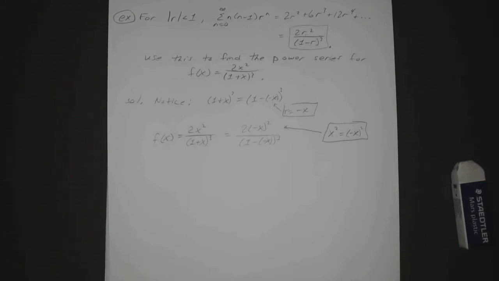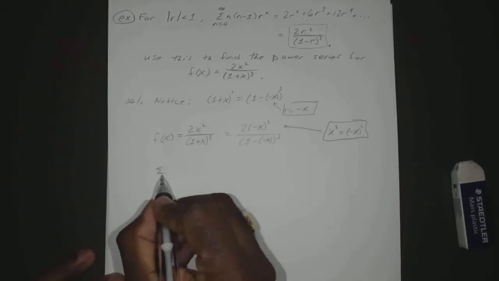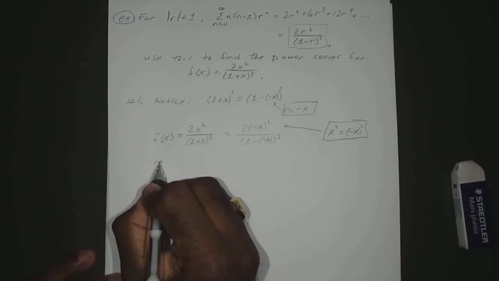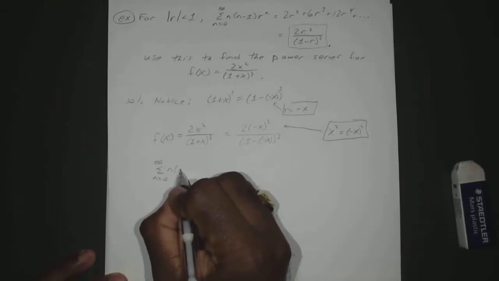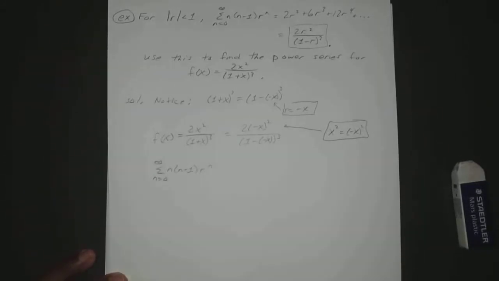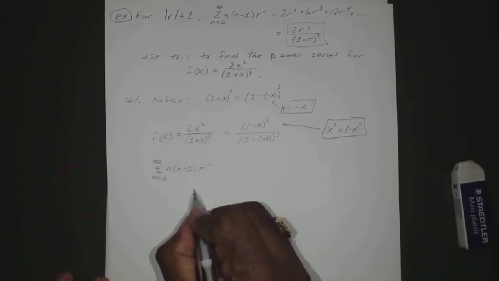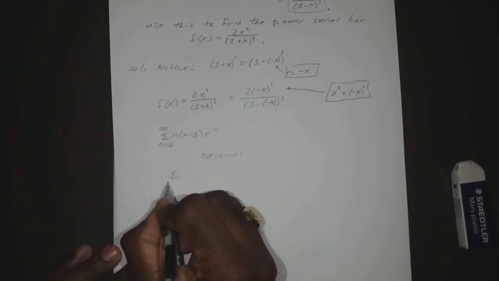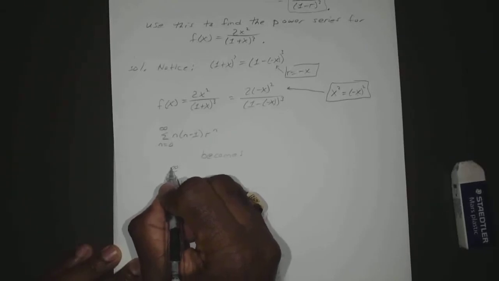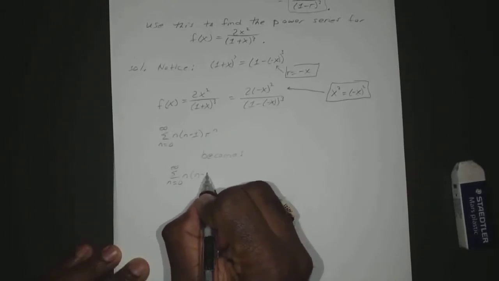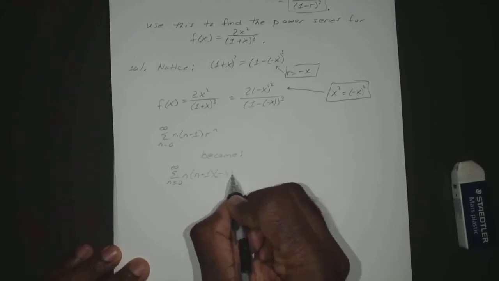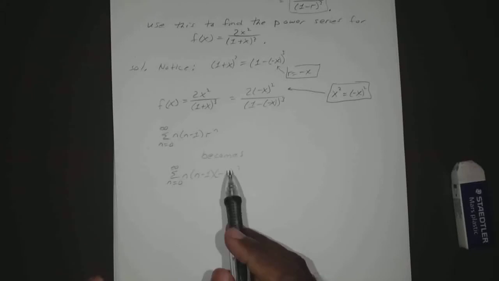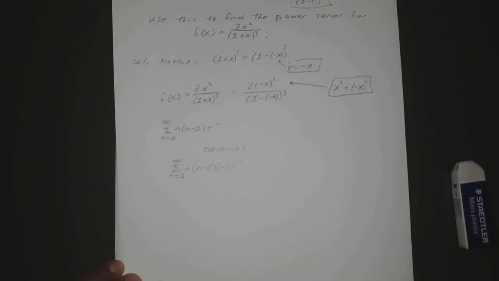Yep, that's it. All right, so we know that the sum from n equals 0 to infinity of n times n minus 1 times r to the nth power, since we made that r equal negative x, becomes the sum from n equals 0 to infinity of n times n minus 1 times negative x to the nth power. Okay. And remember that negative x can be negative 1 times x.